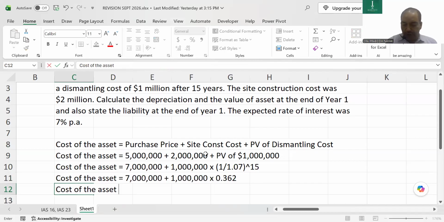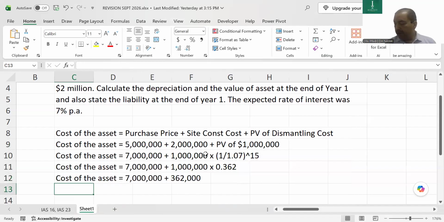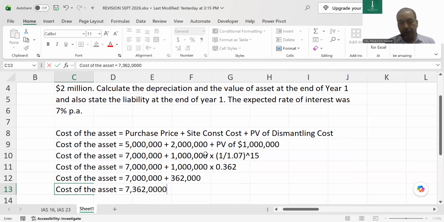Cost of the asset equals $7 million plus 0.362 multiplied by $1 million, which is $362,000, plus $7 million, equal to the cost of the asset: $7,362,000.